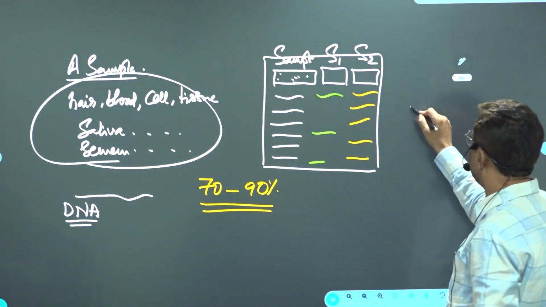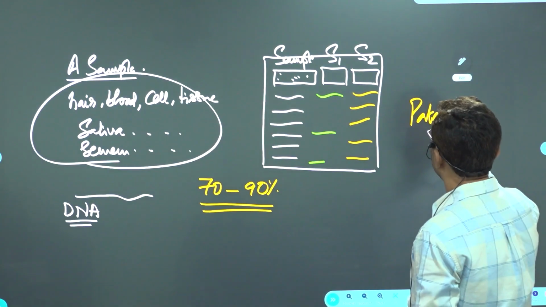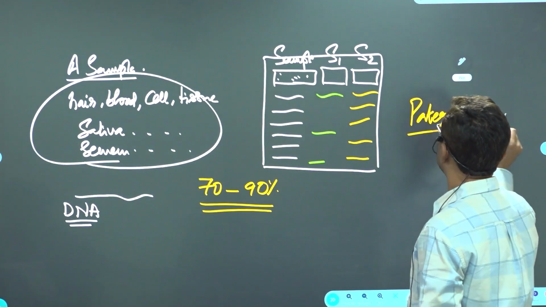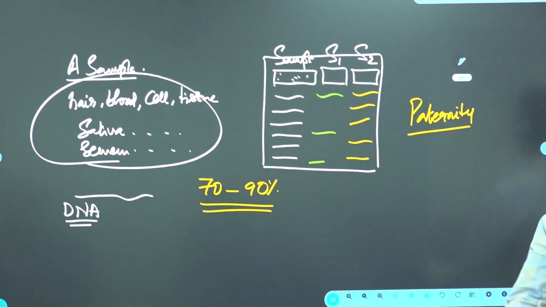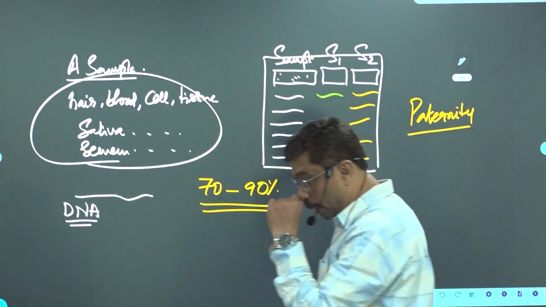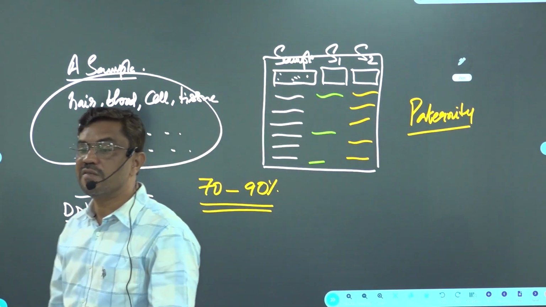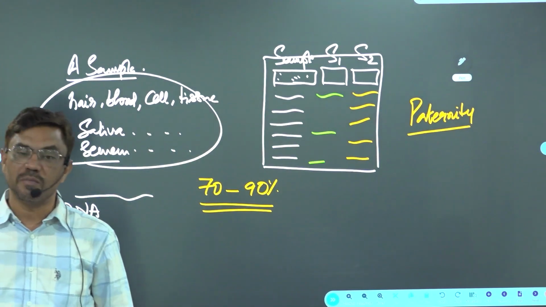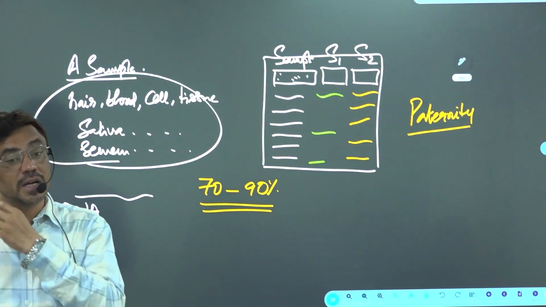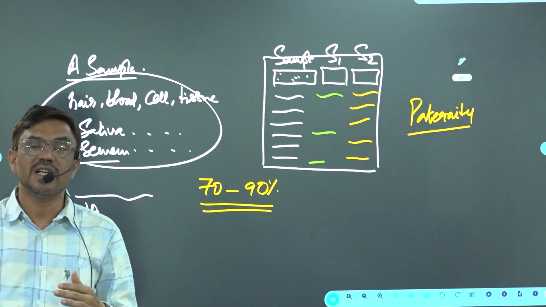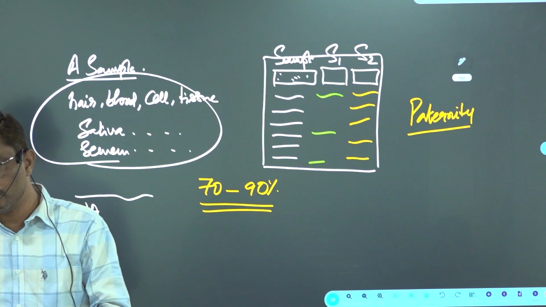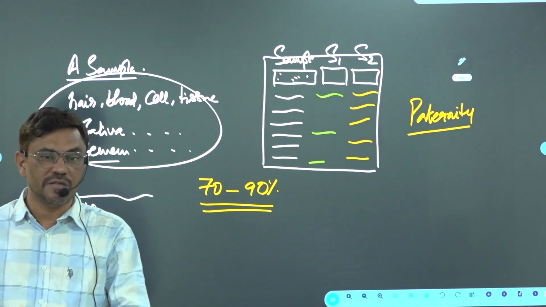And also paternity can be established by using DNA fingerprinting. Parental disputes, and various types of mysteries like robberies, murders, rapes, can be solved by using DNA fingerprinting.